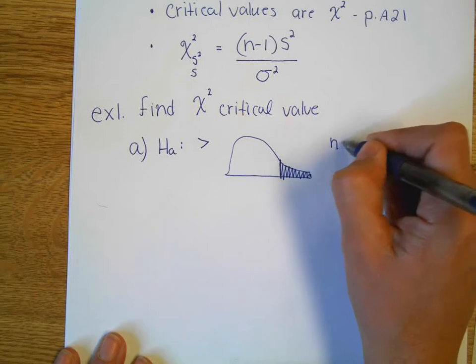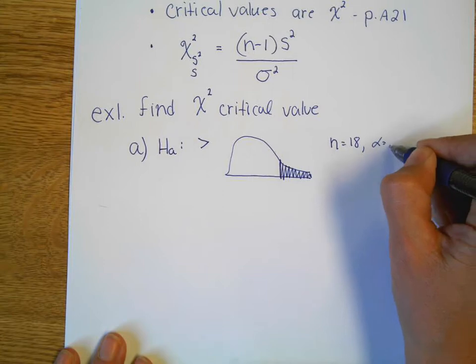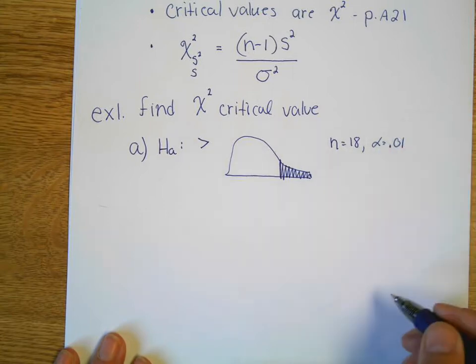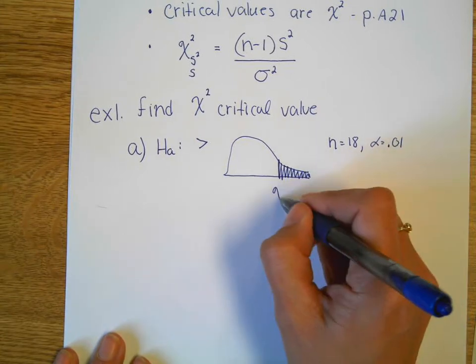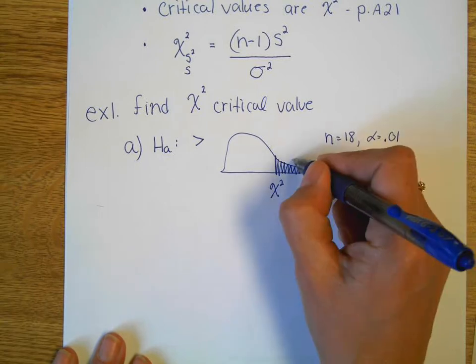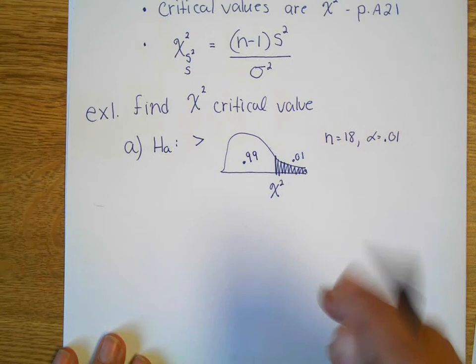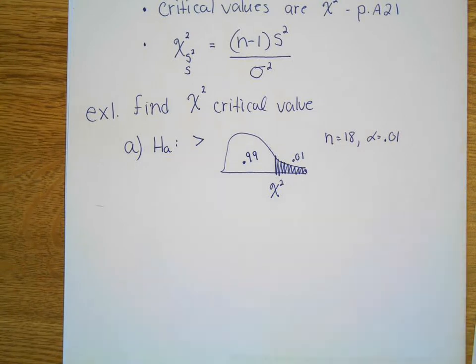If n is 18 and alpha is 1%, I want you to be able to find this chi-squared value off the table. So the 1% is here, 99% is here. If you look on your chi-squared table, what do we want to look up as far as area?